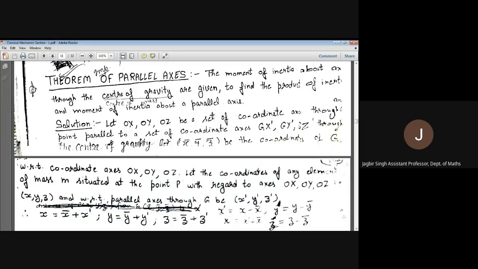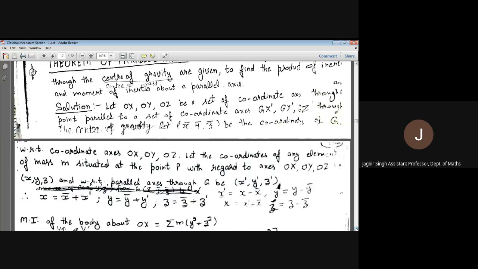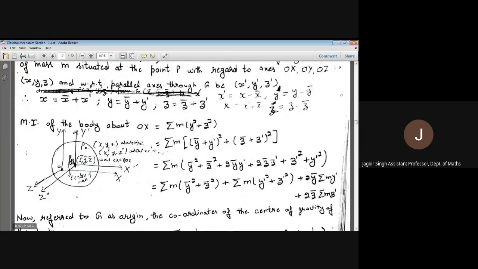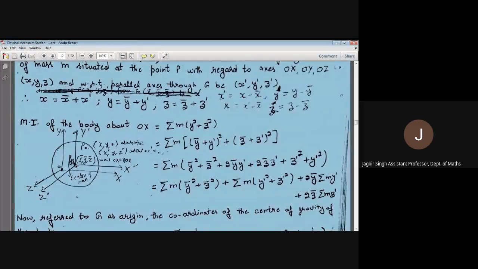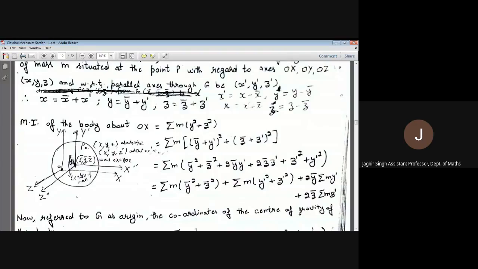I think a diagram is there to help you understand. Yes, it's here. A body is given, and its center of gravity is, say, G. X prime, Y prime, Z prime are the axes passing through it, and the moments of inertia about these axes are given.